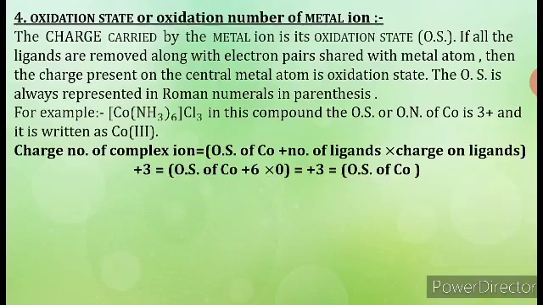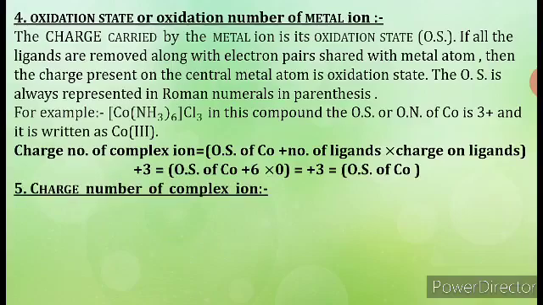Now next is the charge number of the complex ion, which means the residual or net charge present on the coordination sphere, which may be positive or negative. That is known as the charge number of the complex ion, the net charge residing on the complex ion. And how is it calculated?